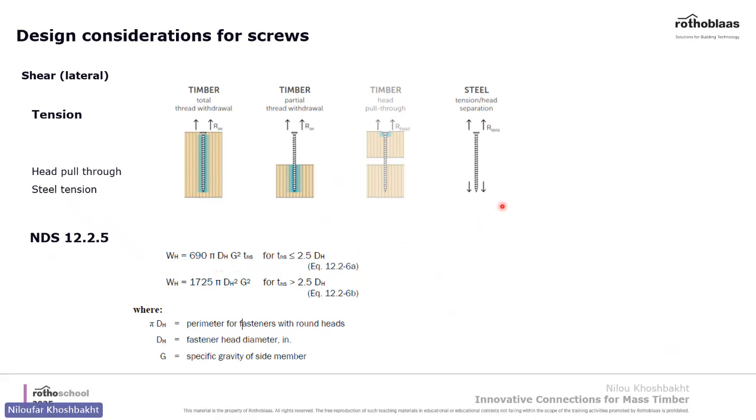And in the end, one of the most important factors for screw loading in tension is the tensile capacity of the steel itself. So when you want to choose the tensile capacity of a screw, you have to find the minimum of the withdrawal, tensile of the steel, and the head pull-through when you look at the values in the catalog.